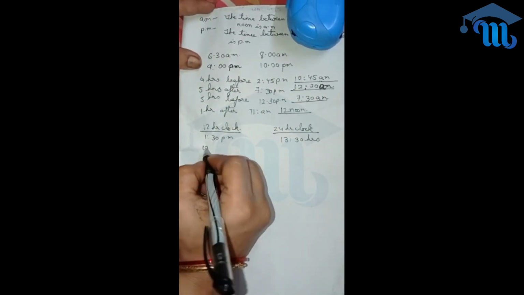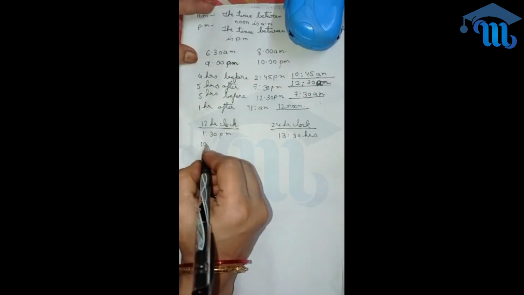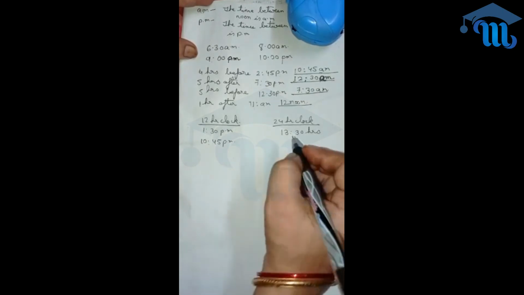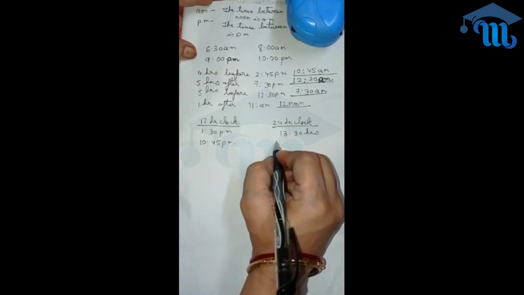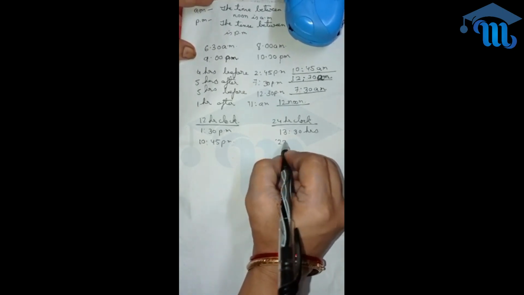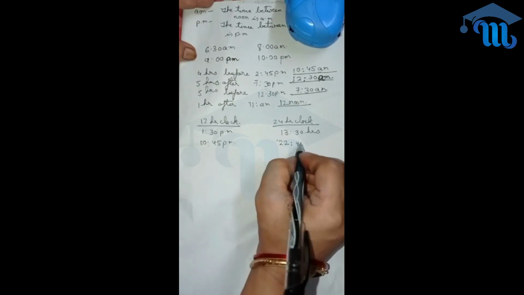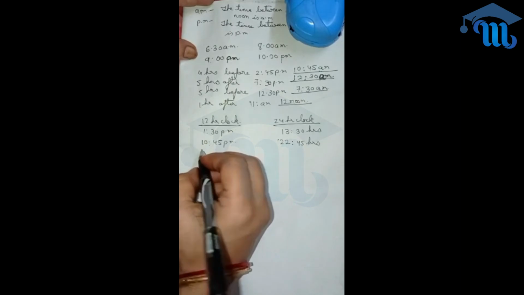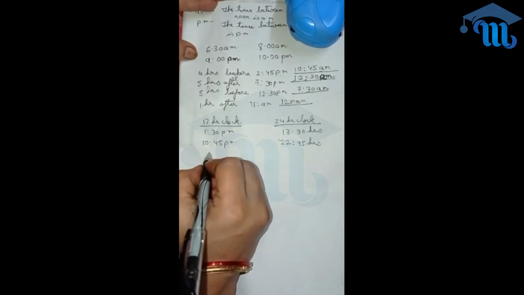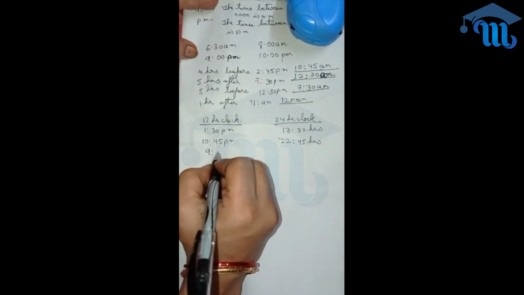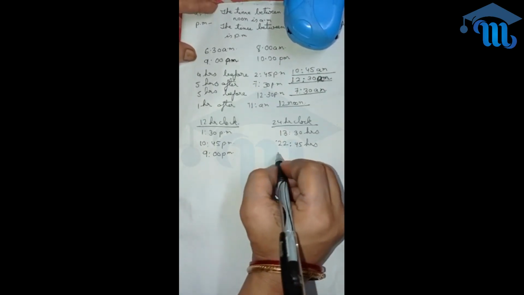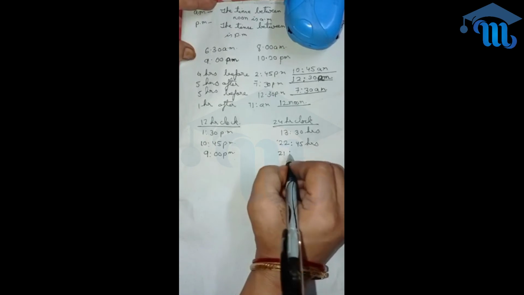Like another example, if it's 10:45 PM, then in 24-hour clock time it will be 22:45 hours. Like if 9 PM in 12-hour clock time, in 24-hour clock time it will be written as 21 hours.